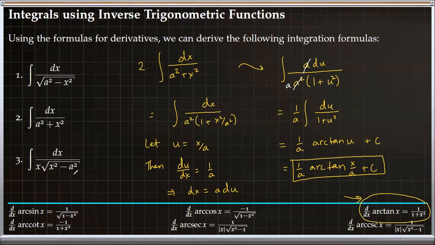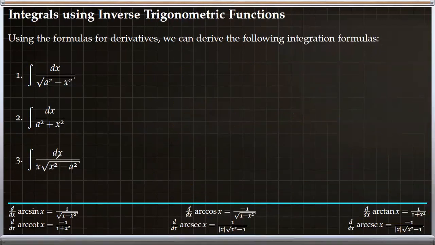Now let's look at the last one here. The integral of 1 by x times the square root of x squared minus a squared. Again, we can compare with these formulas for derivatives. We can see this function is very close to this one over here.